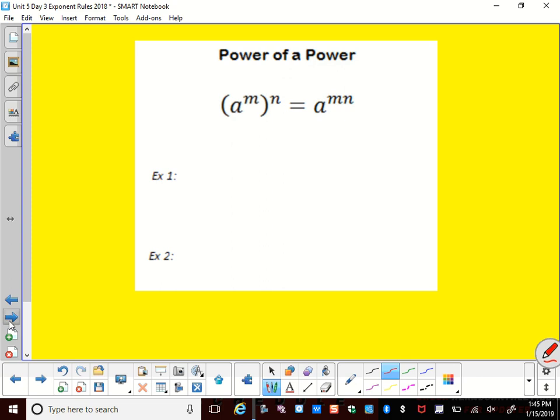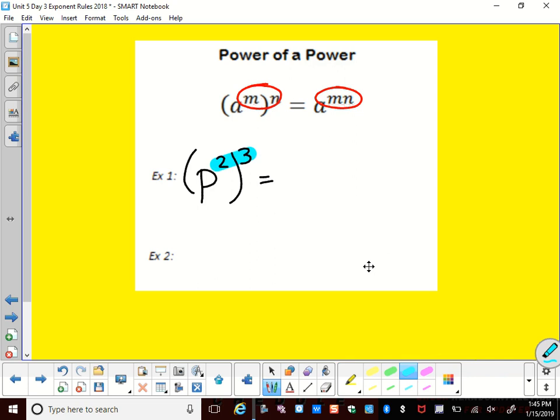Alright, so the power of a power means I have an exponent and another exponent. Okay? That means I multiply them together. So let's say that I have p squared to the power of 3.